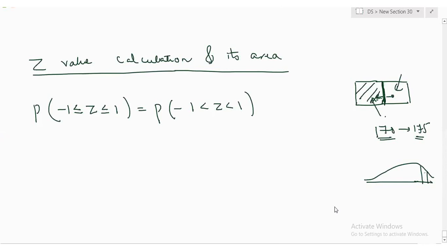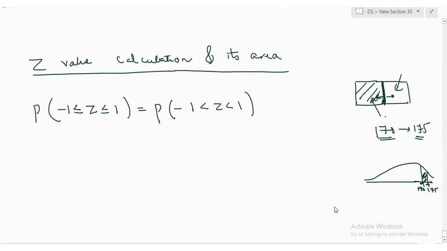This 170 and 175, let's say this area, you include, don't include, it doesn't matter, like the way we are doing the real estate. When someone is calculating the area of a plot, what is the meaning of this line, where it is going? We ignore, right?